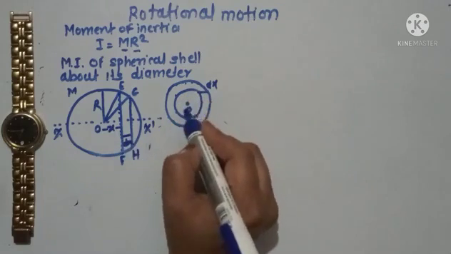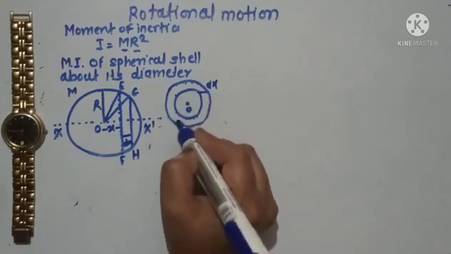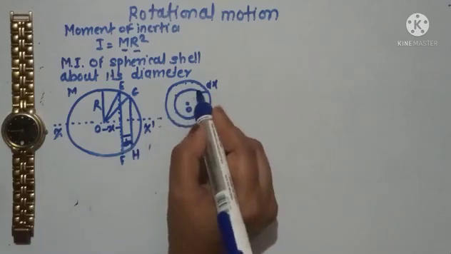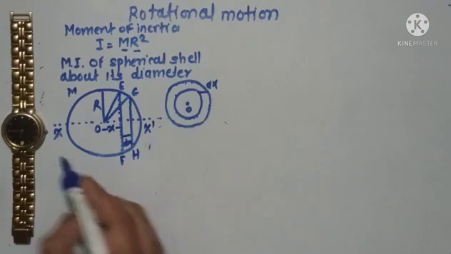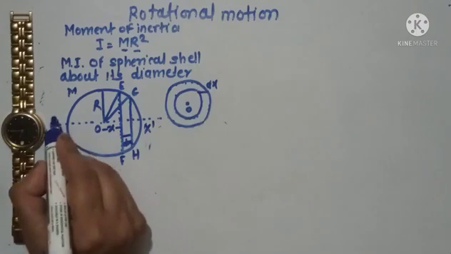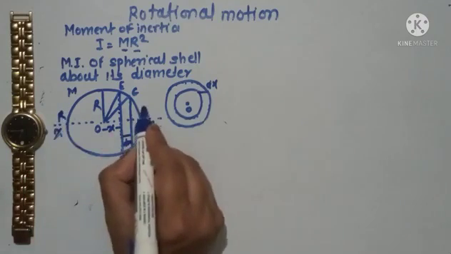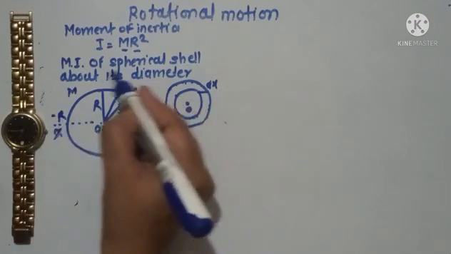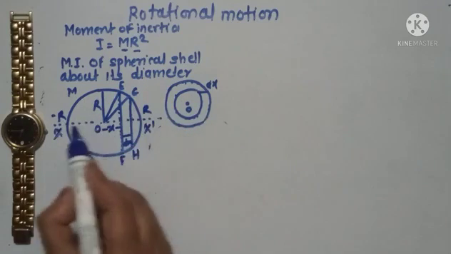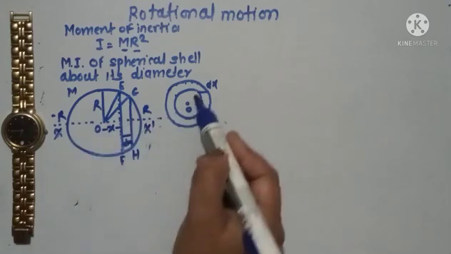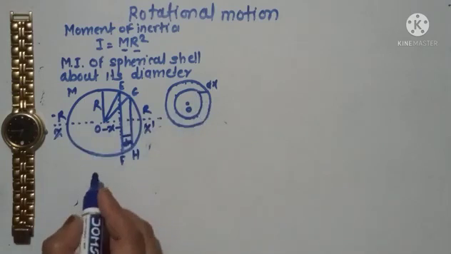If I calculate the moment of inertia of this thin slice, and if I integrate it from minus R to plus R, then I am going to get the total moment of inertia of a spherical shell about its diameter. So let us try to calculate this.